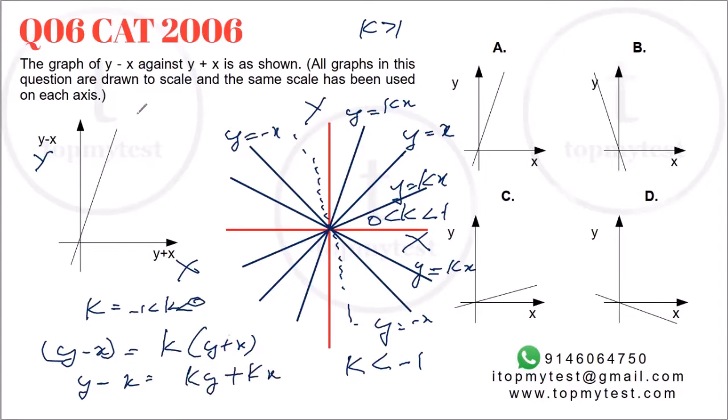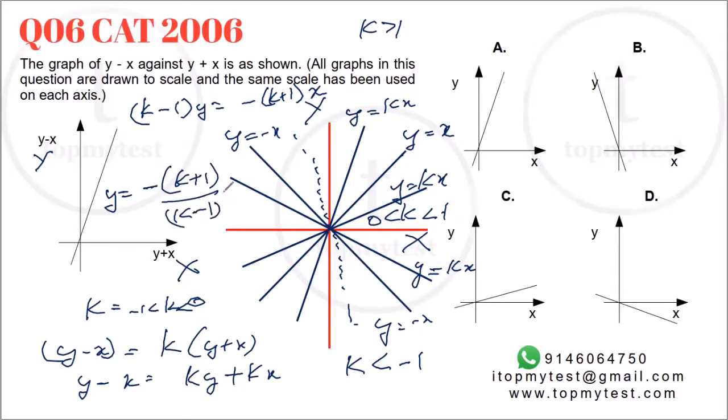So you'll get k minus 1 into y should be equal to minus of k plus 1 times x. If I rewrite this, you will get y is equal to minus of k plus 1 divided by k minus 1 times x.